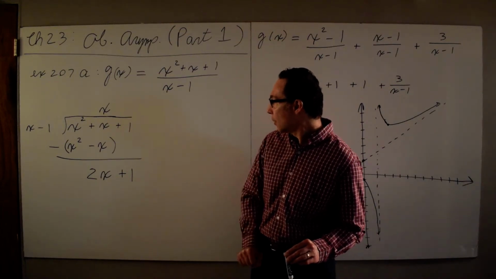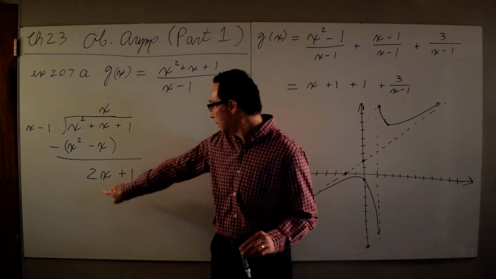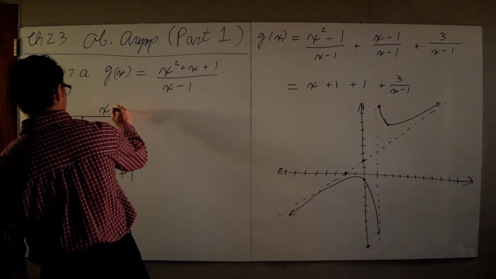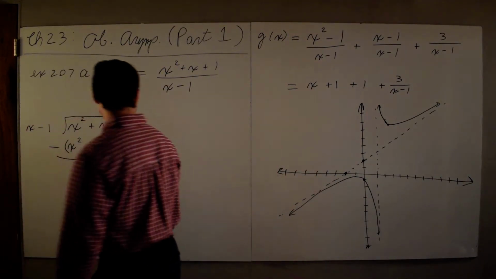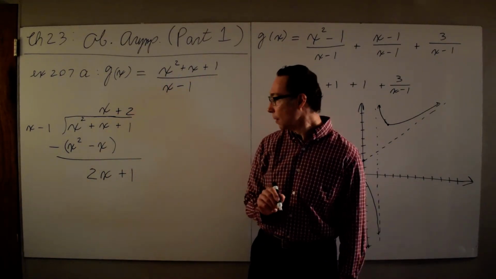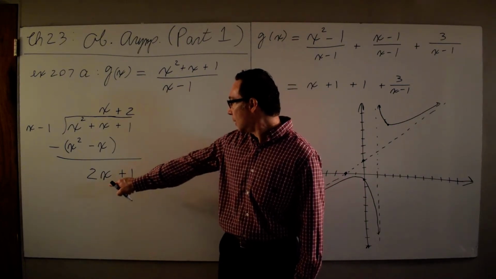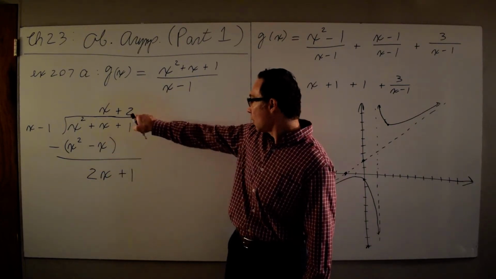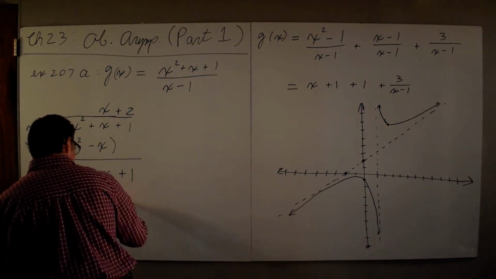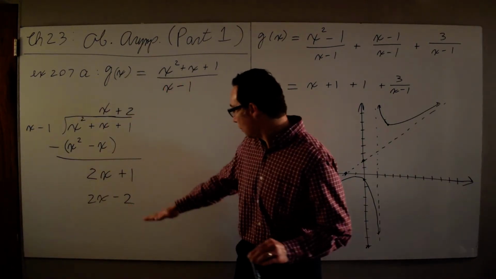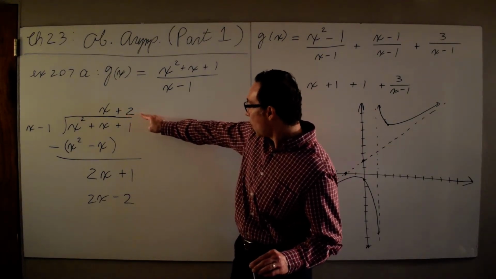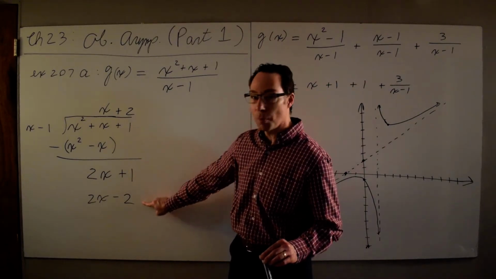And we ask ourselves, what do we multiply by x to have 2x? And the answer is 2. So we have a 2 up here, so we have x plus 2. Then we multiply the x minus 1 term times positive 2, and that gives us 2x minus 2.